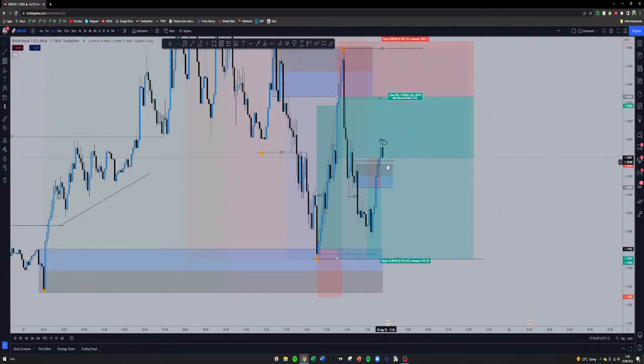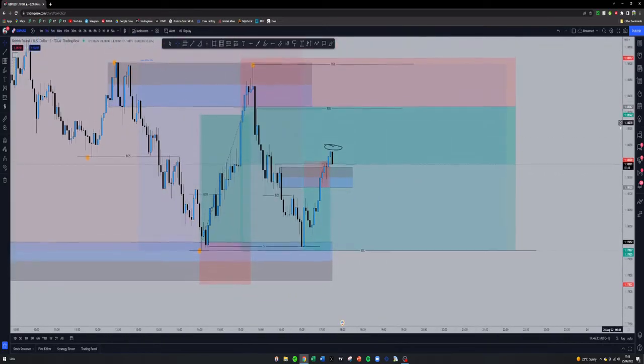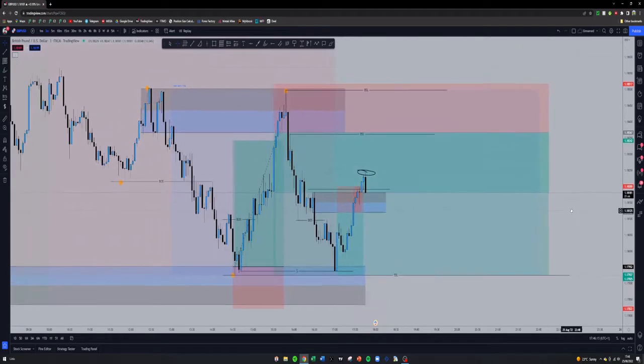Obviously, I think it's unlucky that we got stopped out on the compound position here, but I believe this move here has grabbed liquidity. So we've claimed liquidity from, well, let me highlight them. We've claimed liquidity from this buy side liquidity, this buy side liquidity, and these areas here.